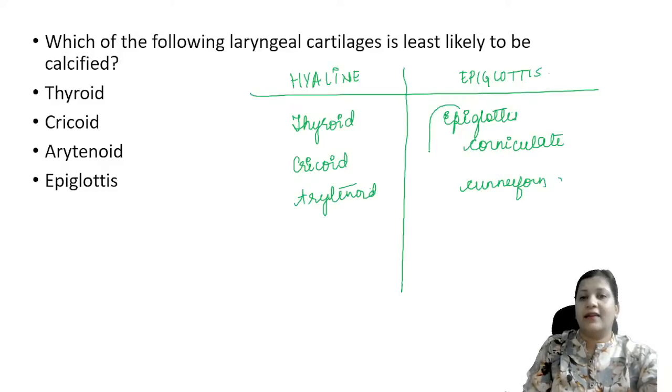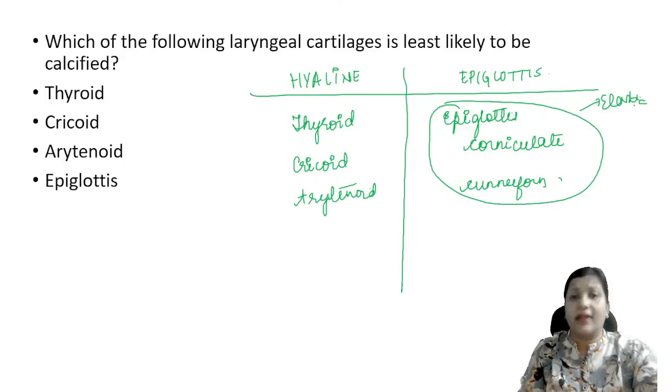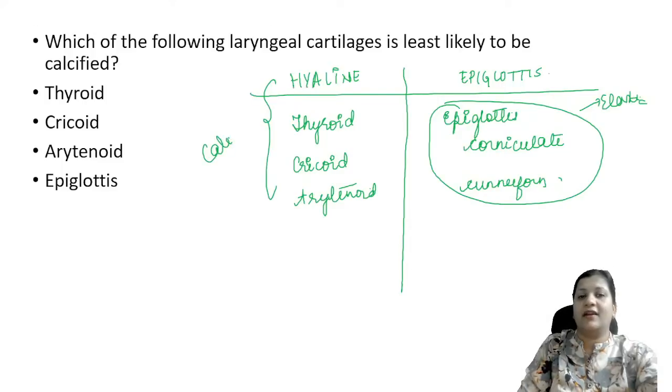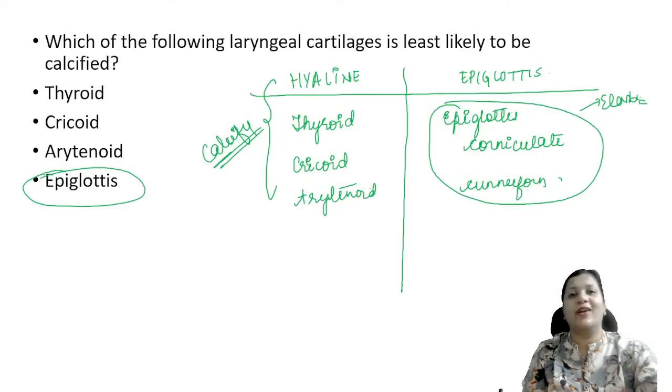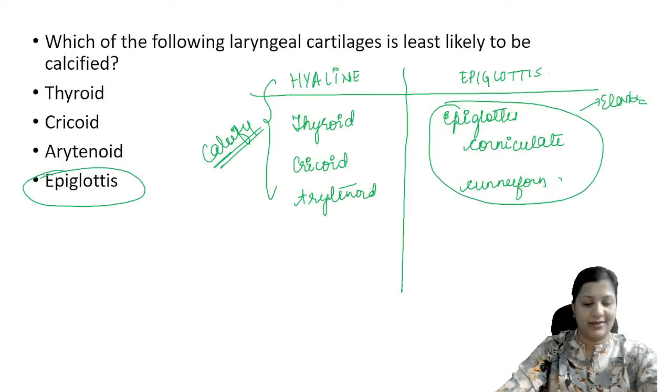So elastic cartilages are these three. So they will usually not calcify, whereas all the hyaline cartilages are calcifying cartilages. So hyaline cartilages will calcify, elastic cartilages won't. So epiglottis will not calcify. So the answer is epiglottis.